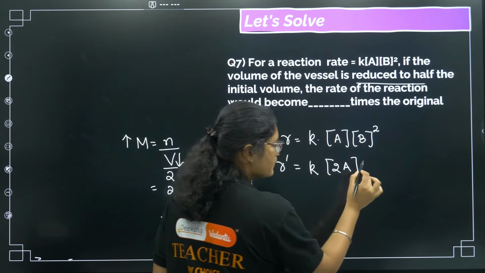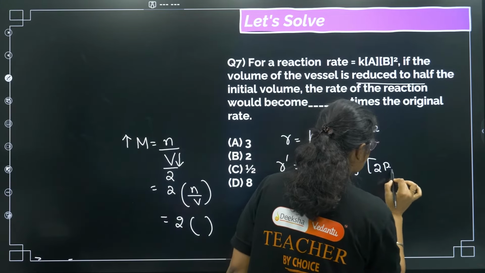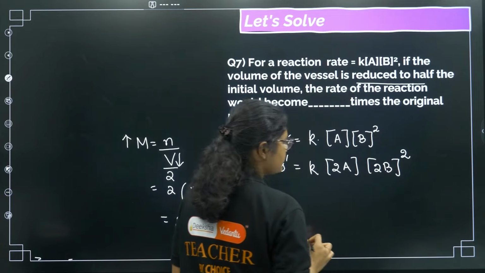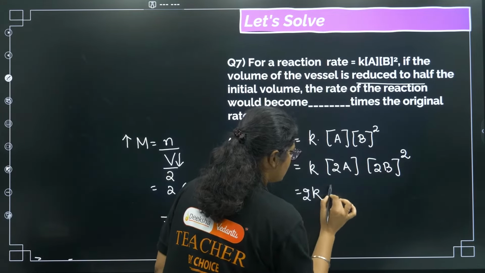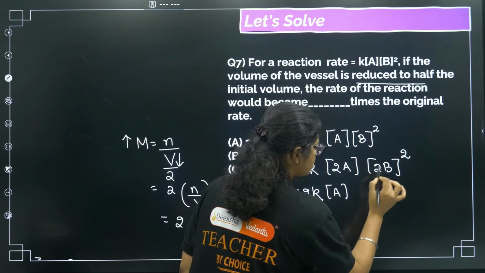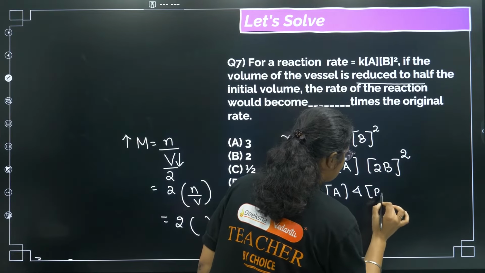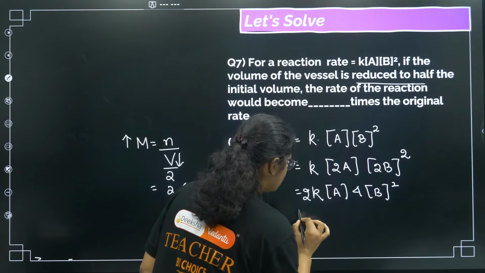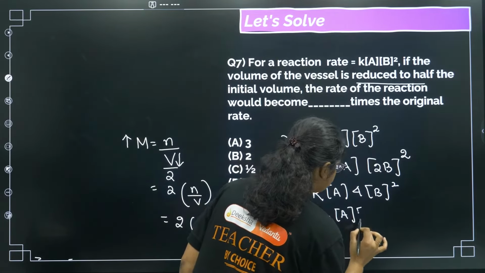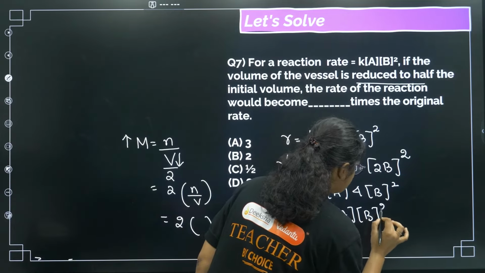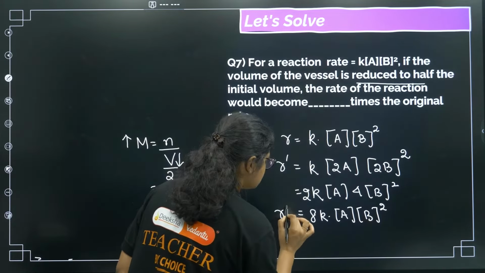It will become 2A and this will become 2B square, right? So now let us solve this. I'll get K, I'll take this 2 out, 2A, and this is 2 to the 4, so I'll get B square. So in total I'll get 8 K A B square. Okay, so now this is R dash.